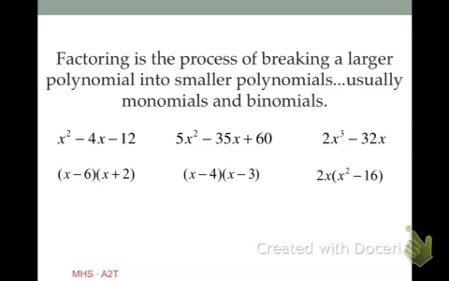And then the next term, if we divide out the 5s, we'll get a simpler polynomial that we could then factor. And when we factor that one, we're going to see that the solutions are going to be negative 4 and negative 3. And then finally, in the last one, we can factor out a 2x, and we can get x squared minus 16. Now, we'll take you through some example problems, show you how we're going to do this.